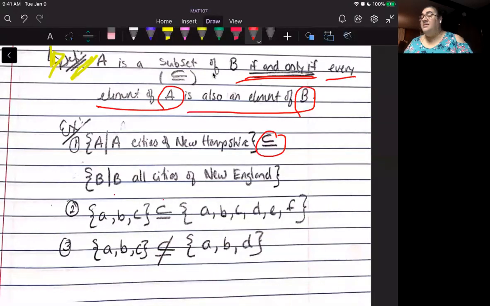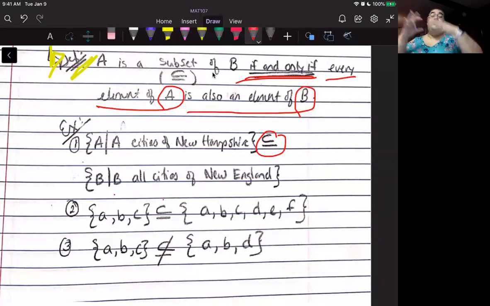Because the set of B is all the cities in New England, but the set of A is just the cities in New Hampshire, the set of A is a subset of the set of B because all the cities in New Hampshire happen to also reside within New England.